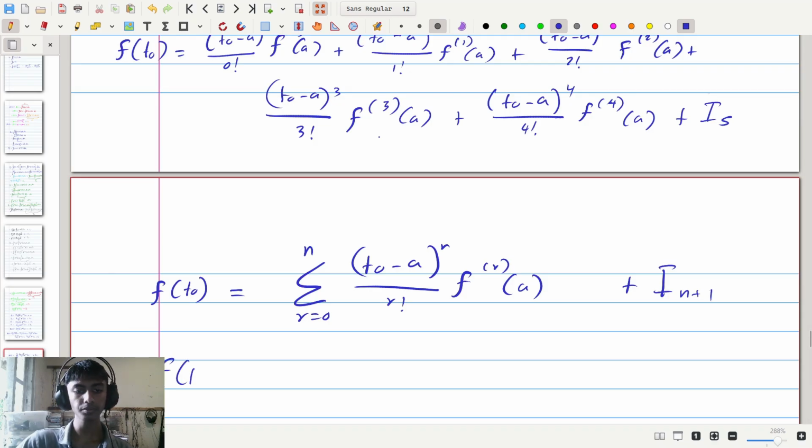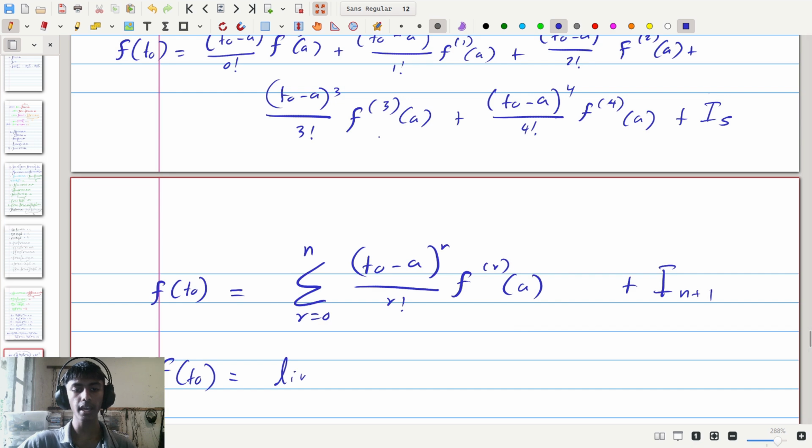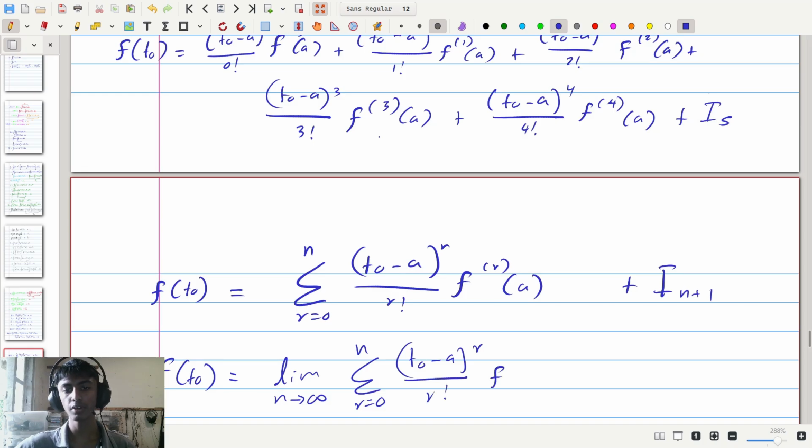So f of t0 is going to be the limit as n approaches infinity of this whole thing, and since this term converges to 0, this is going to be equal to the limit as n approaches infinity of the sum as r goes from 0 up to n of (t0 minus a) to the power of r divided by r factorial times f r of a, i.e. we have our Taylor series expansion. Of course, provided that this term here approaches 0.